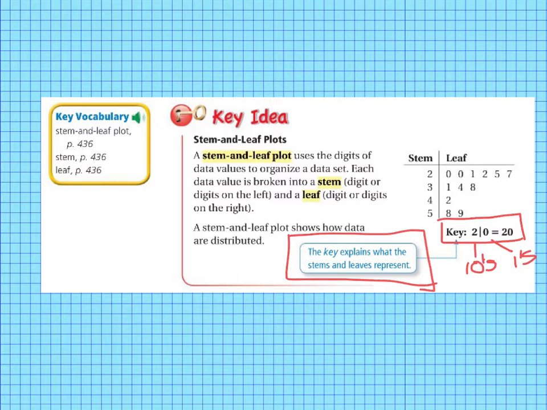So that's important information. Sometimes that's not the case. Sometimes that line separates with a decimal point or something like that. Or we're looking at the hundreds place on the left-hand side and then the tens on the right. It's different. So the key is a really important part of your stem and leaf plot.